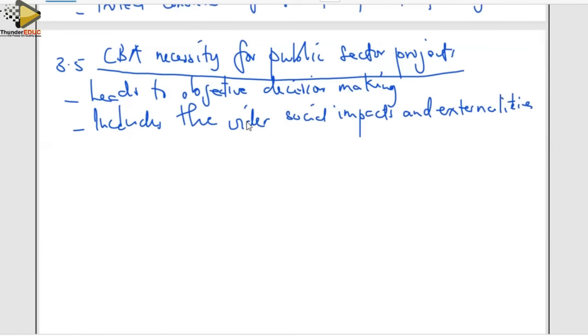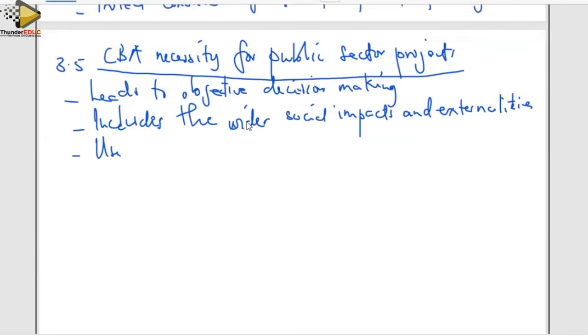So when we are making our decisions, we need to take care of the third-party effects. Instead of prioritizing private benefit, we also need to consider the social benefits.